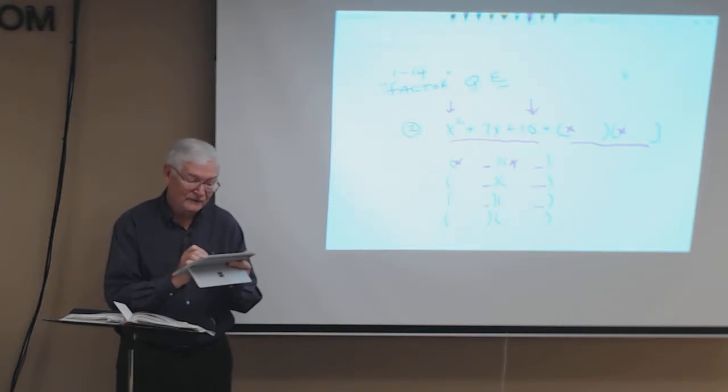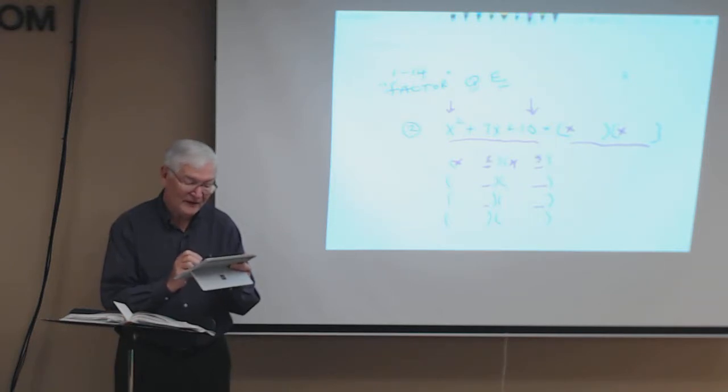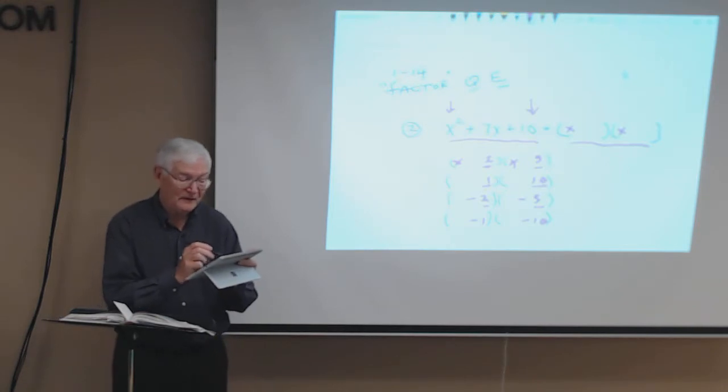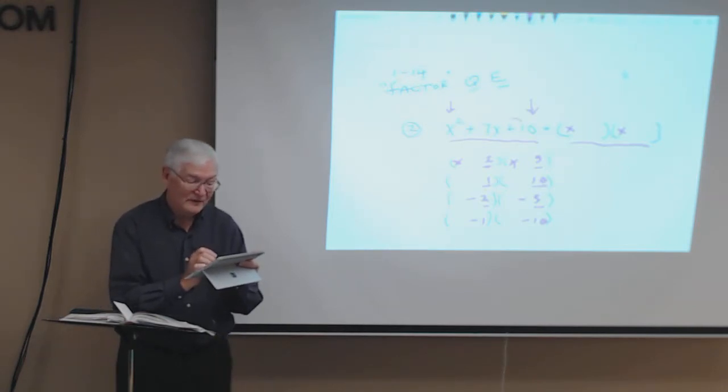Well, I could have 2 times 5, right? Or I could have 1 times 10. Or I could have negative 2 times negative 5. Or I could have negative 1 times negative 10. Don't you agree that all of those would give me positive 10 for my last term here?